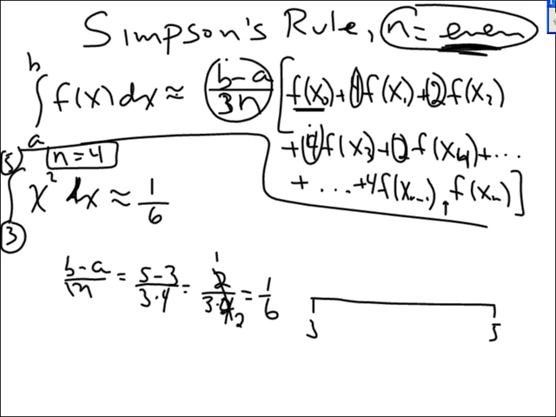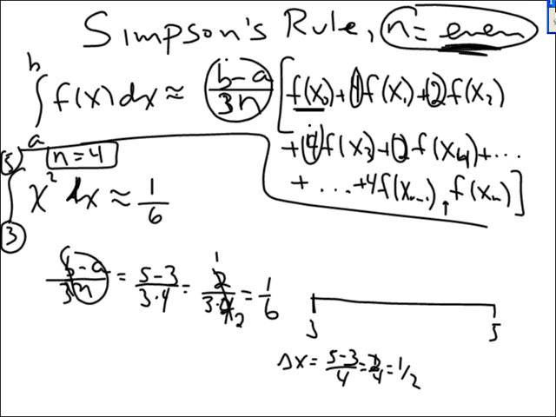Actually, we really do need to know delta x. Right now, we have delta x divided by 3. And delta x is b minus a over 4. It's a quarter. Okay, 3. 2 quarters, which is a half.